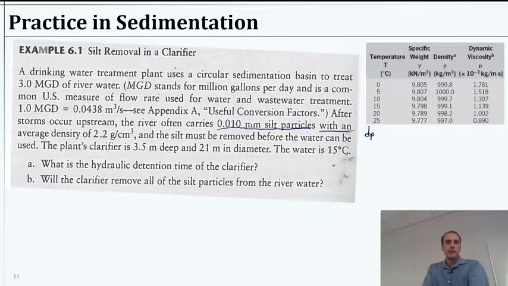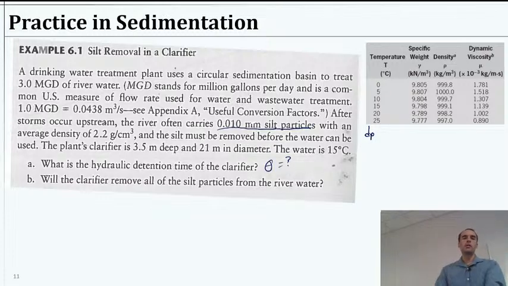With an average density of 2.2 grams per centimeter cubed. The silt must be removed before the water can be used. The plant's clarifier is 3.5 meters deep and 21 meters in diameter. The water is 15 Celsius. So the question is, A, what is the hydraulic detention time of the clarifier? So that's asking for theta.